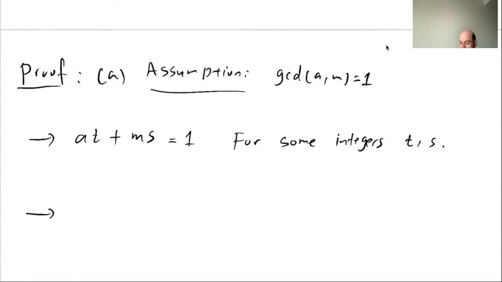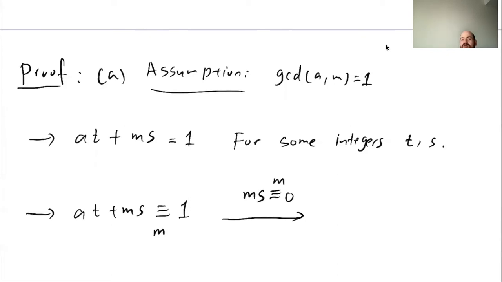So that means AT plus MS is congruent to 1 mod M. But how much is MS mod M? MS is 0 mod M. If a number is a multiple of M, that means that number is 0 mod M. Again, think about the definition of congruent.